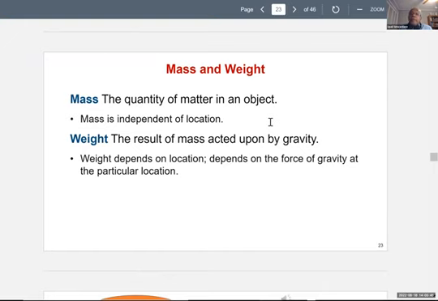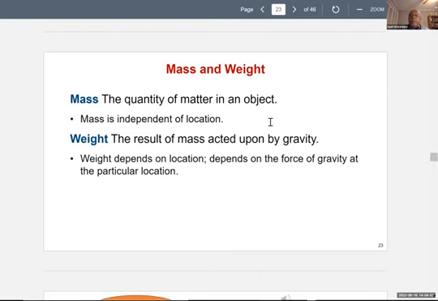Weight is affected by gravity. So I will be heavier on Earth than on Moon because gravity is less in the Moon.